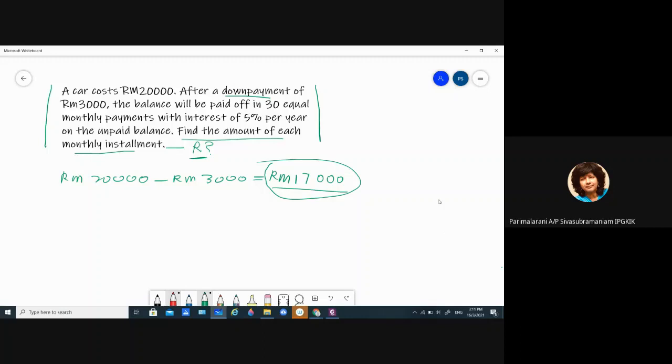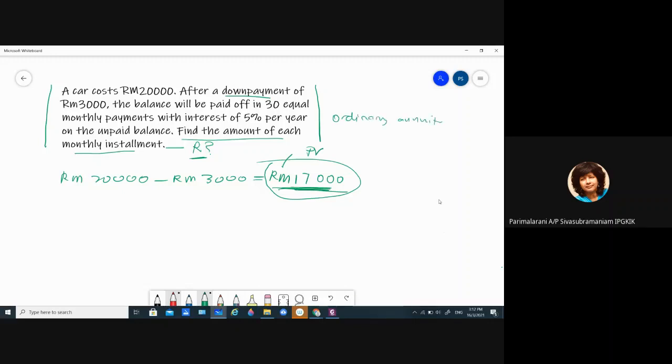Yes, 17,000 is actually the present value. If you pay lump sum today, you must pay 17,000. But because you want to pay monthly, you must pay monthly installments, and all these monthly installments together will form the future value. So we want to use the ordinary annuity formula.